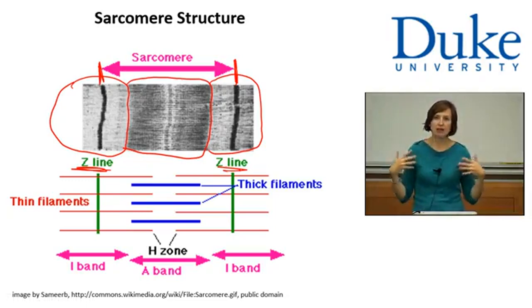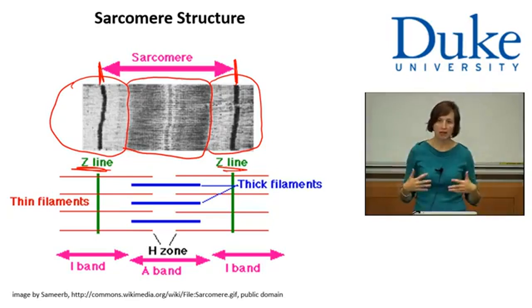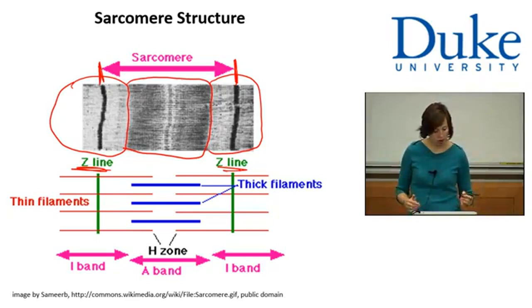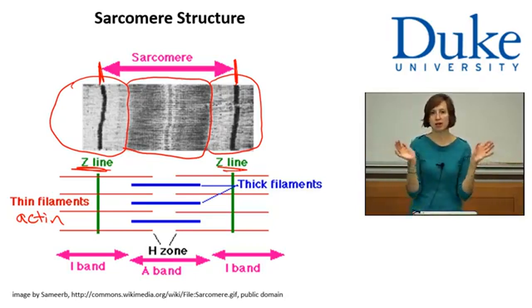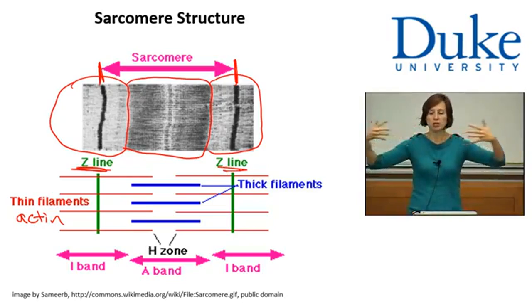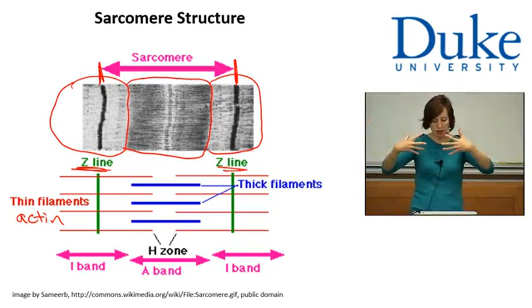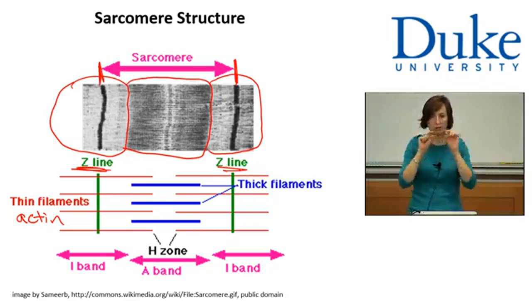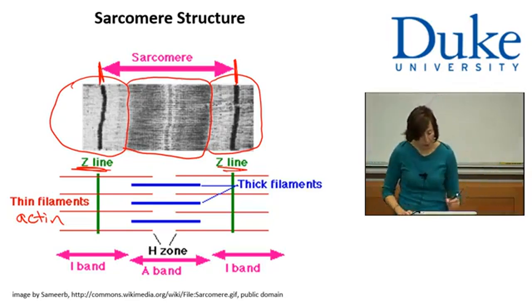And sticking out of each Z line are a set of thin filaments, which are actin, which are proteins that are coming out of the Z lines. One set for one sarcomere are going to be kind of facing each other, and then interdigitated between those actin filaments, between those thin filaments, are going to be thick filaments, which are going to be the myosin.